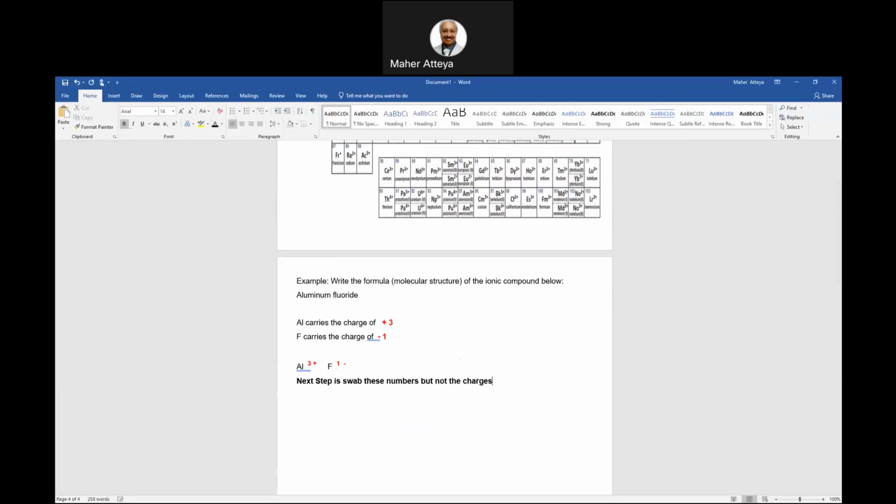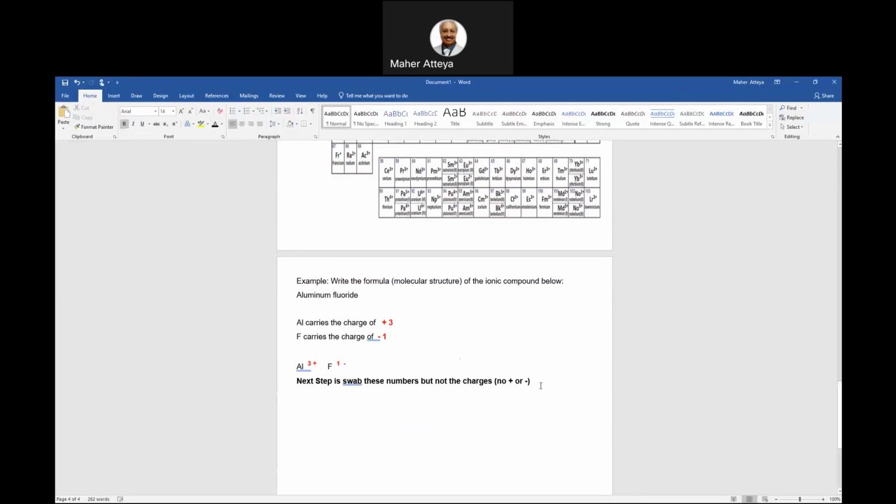The plus and minus, no positive or negative here. Just the numbers. So if that's the case, I will copy this one here to show you.